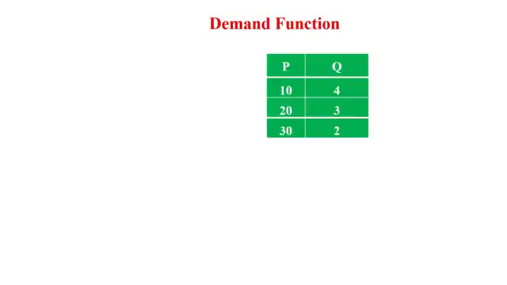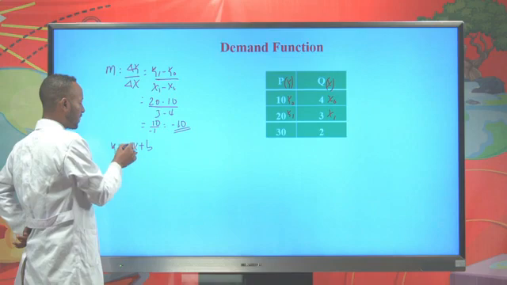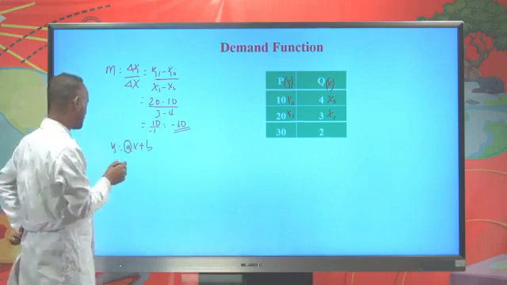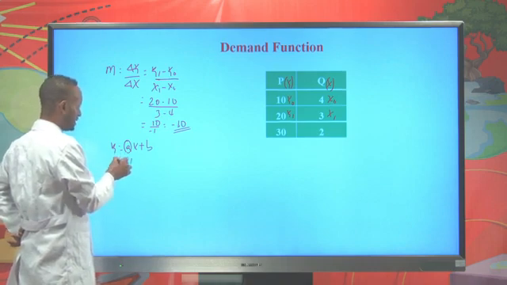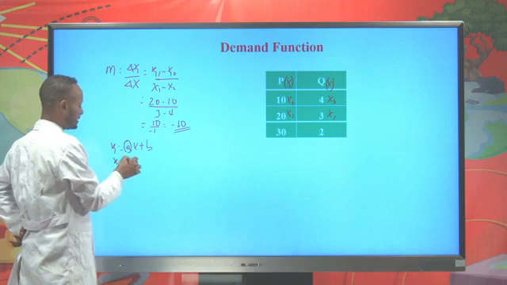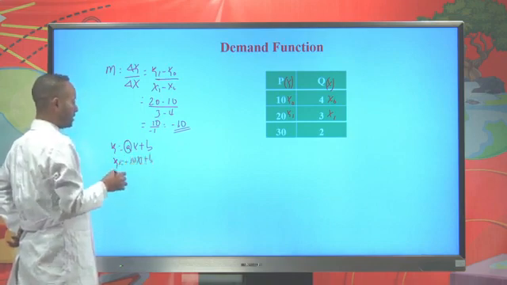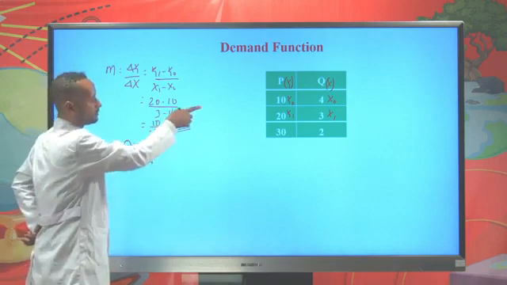Now, for a linear equation which is represented in the form y = ax + b, the coefficient of the variable x, letter a, stands for the slope of the function. So from this, the slope is minus 10, so y = -10x + b. Now, in order to get the y-intercept, you can take any coordinate from this information.